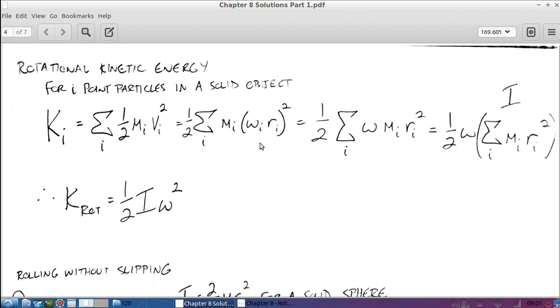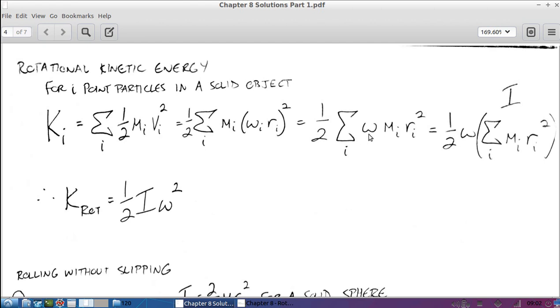These two properties are unique amongst all of these little particles, but the whole object is rotating at a constant angular velocity. So that's the one thing all of these particles share. The mass is different, the distance from the axis of rotation is different, but omega, the angular speed, is the same for all of these particles.